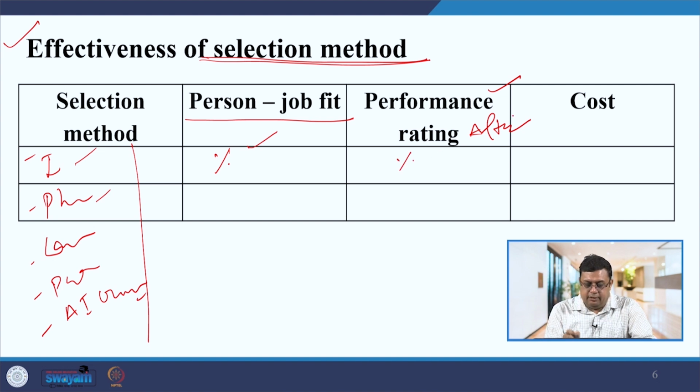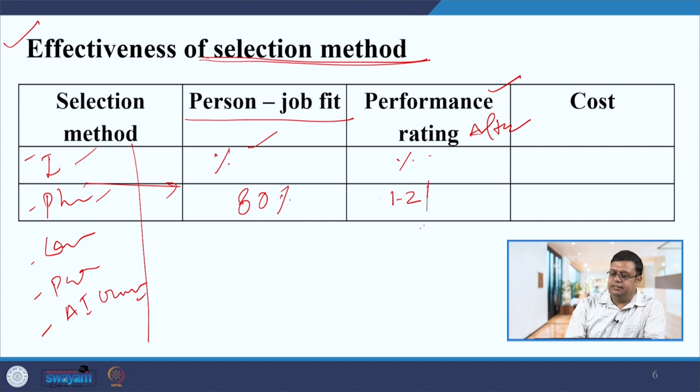So, for example, the percentage job fit that the test is giving is 80 percent, right, and the performance rating that is coming is just between 1 or 2, and the percentage of goal achievement is just 20 percent, right. So what does it indicate?